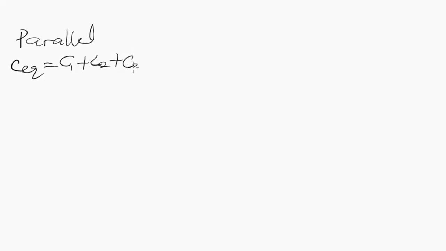Alright, so for the parallel, the equivalent capacitance will be C1 plus C2 plus C3 all the way to however many capacitors you have, let's say Cn. The potential difference across the parallel capacitors will be the same.